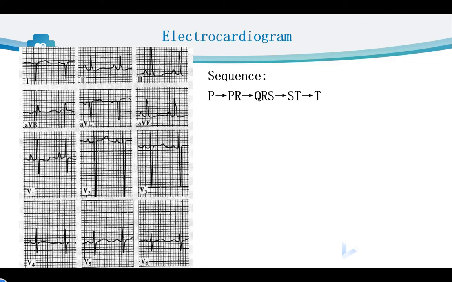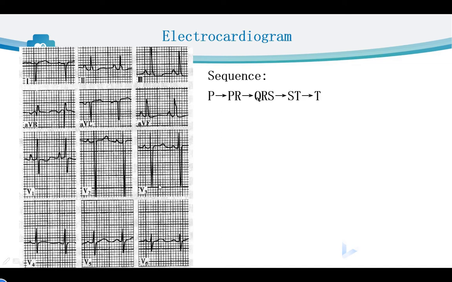The sequence to read the report of the electrocardiogram is from the P wave to PR interval, QRS wave, ST segment, and finally to the T wave. Now, this picture shows the figure of the electrocardiogram of one patient with the cor pulmonale.